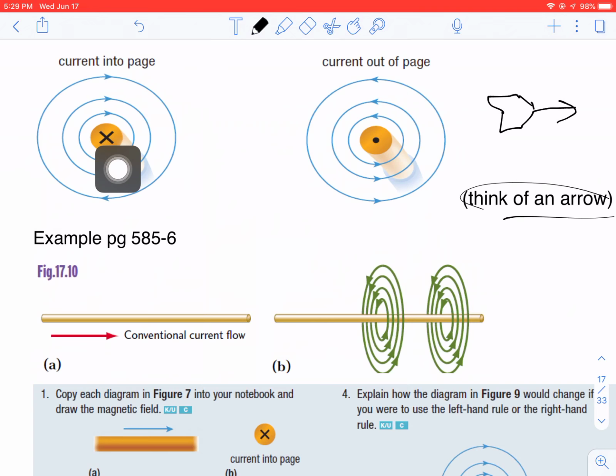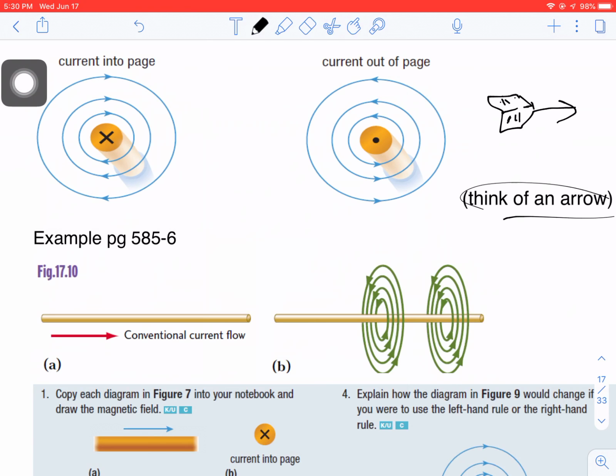If the arrow is going away from you, you're going to see the four parts of the quill, because there should be four parts to that quill, and you'll be seeing the back end of the quill moving away from you. So if you see the dot, the point's coming towards you, electrons are coming towards you, or I guess positives are coming towards you. And if you see the quill, the positives are moving away from you. You're seeing the back end of the arrow, the back end of the motion.